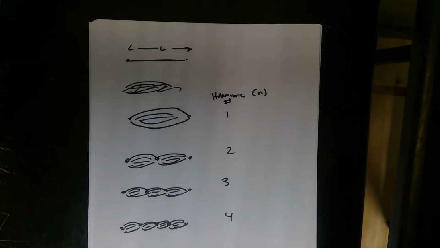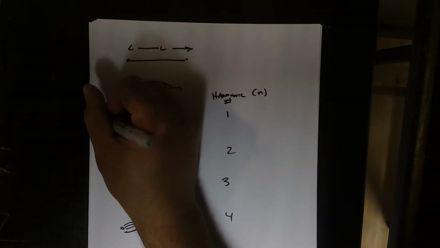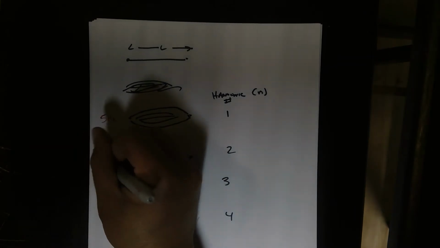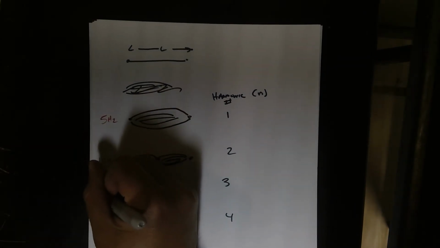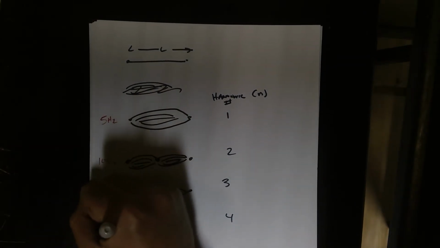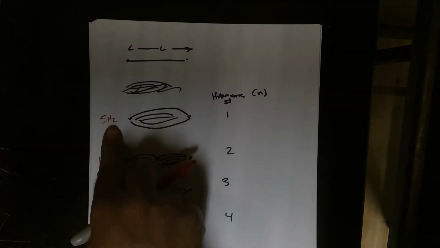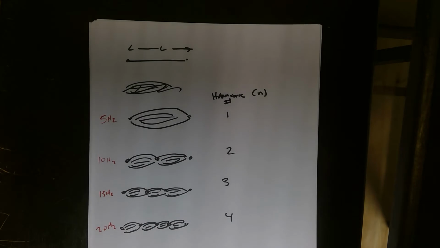And what you should have noticed is the pattern's very easily identifiable. For example, if this happened to be 5 Hertz based on the experimental setup you've had, second harmonic would be 10 Hertz, this would be 15 Hertz, this would be 20 Hertz. That's not a coincidence. Your higher order harmonics are always a multiple of your fundamental frequency, or your first harmonic.